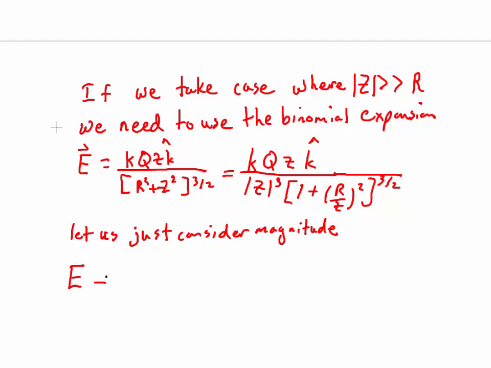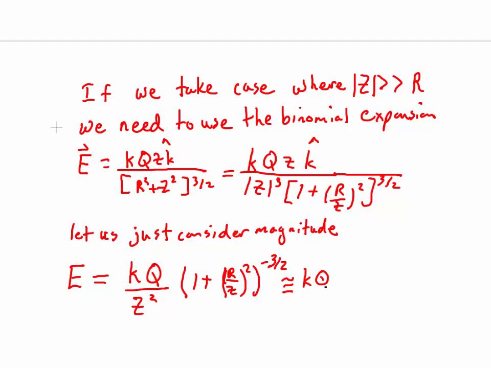Then we can cancel one of those z's, and we have z squared, and then we have 1 plus r over z squared to the minus 3/2, which is approximately kq over z squared, and then using the binomial expansion, 1 minus 3/2 times r squared over z squared.